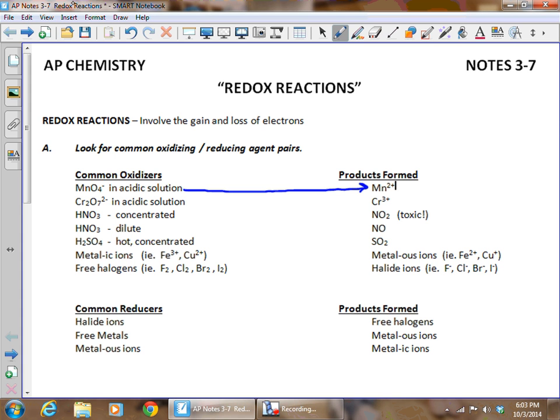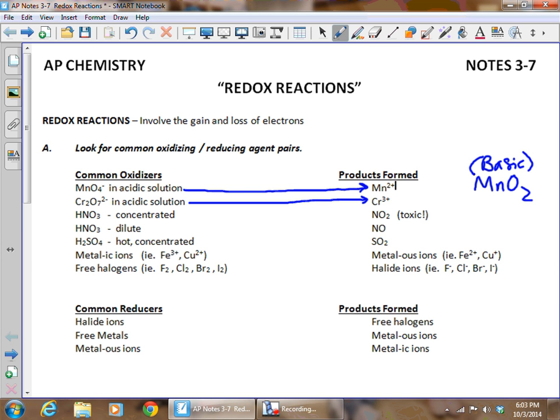In basic solution, it often forms MnO2, but in an acidic solution, Mn2+. Now the dichromate ion, if it's in an acidic solution, will end up forming Cr3+ on the other side after it reacts. So there's just no way to know how to do this unless you memorize it. So you really have to memorize it.